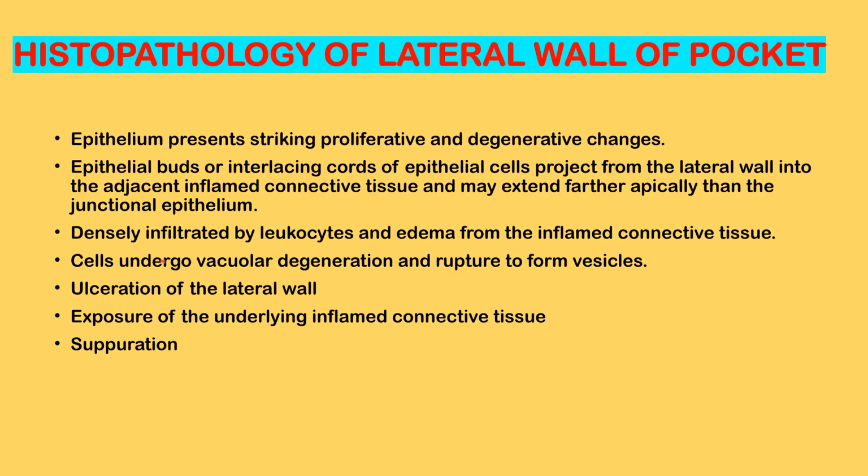So it is also densely infiltrated by leukocytes and edema from the inflamed connective tissue. The cells undergo vacuolar degeneration and, after rupture, they form vesicles. The progressive degeneration and necrosis of the epithelium lead to ulceration of the lateral wall of the pocket, exposing the underlying inflamed connective tissue along with signs of suppuration.